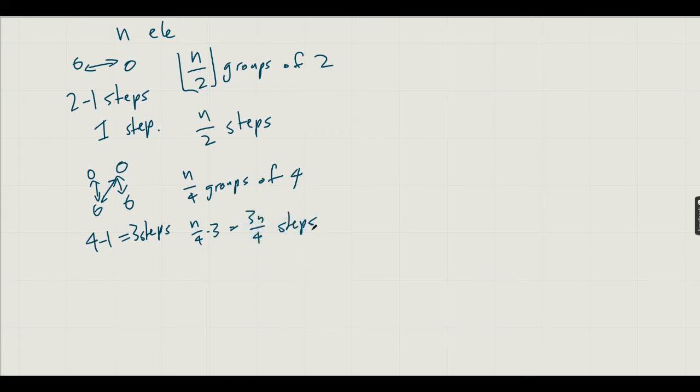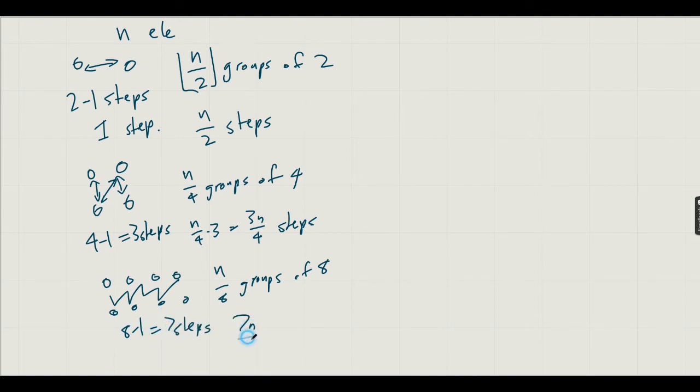And we're beginning to see a pattern. So let's do 4 by 4, so it's n over 8 groups of 8, and it would take 8 minus 1 equals 7 steps, so 7n over 8 steps.